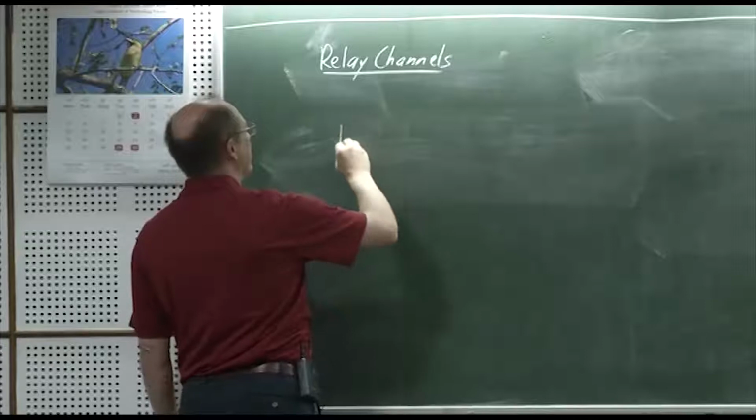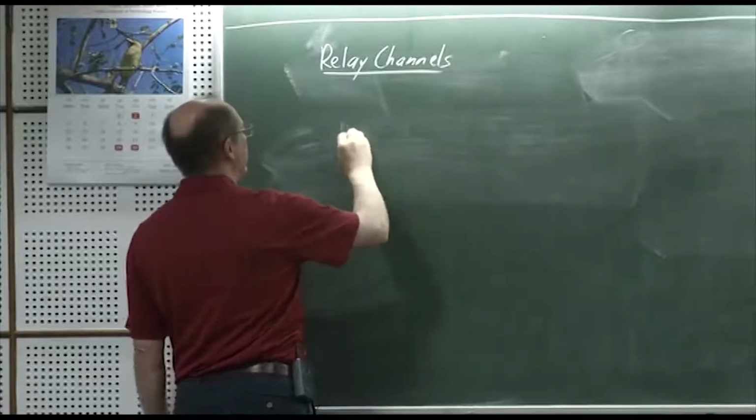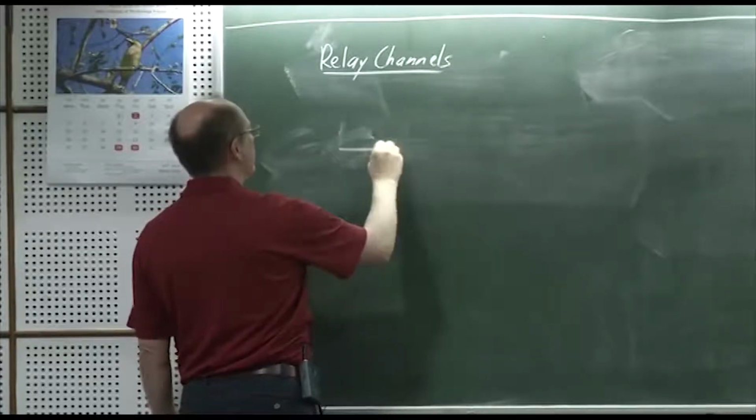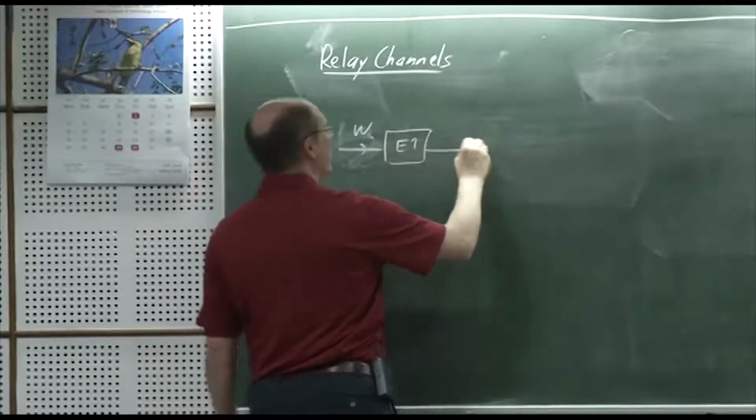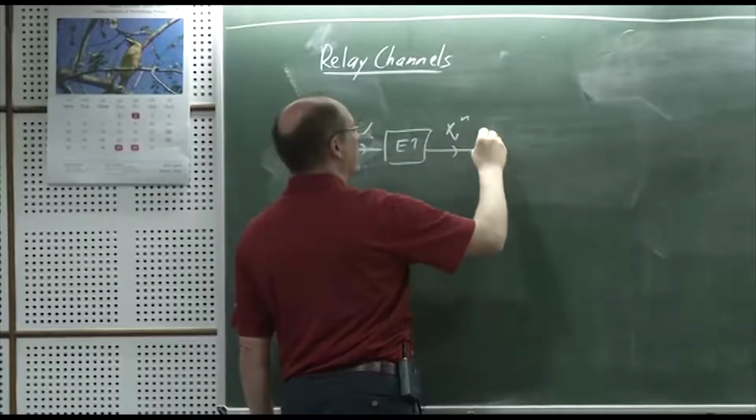So the model is the classic Shannon model, right? Message being that we want to transmit reliably with an encoder over a noisy channel.